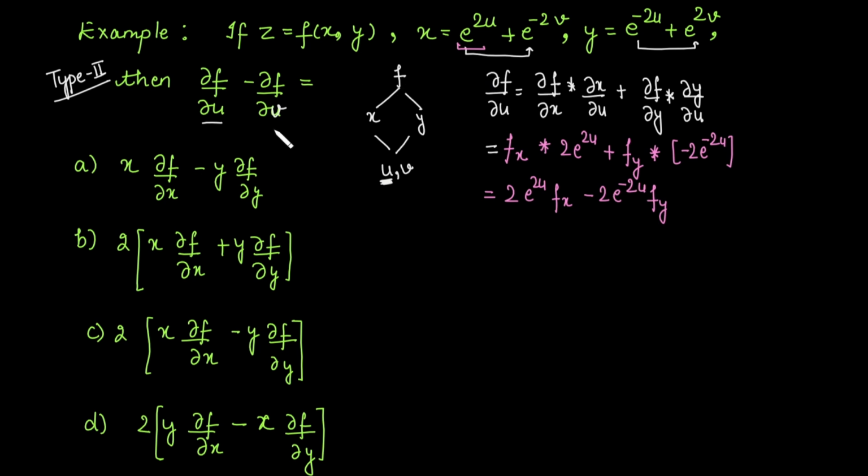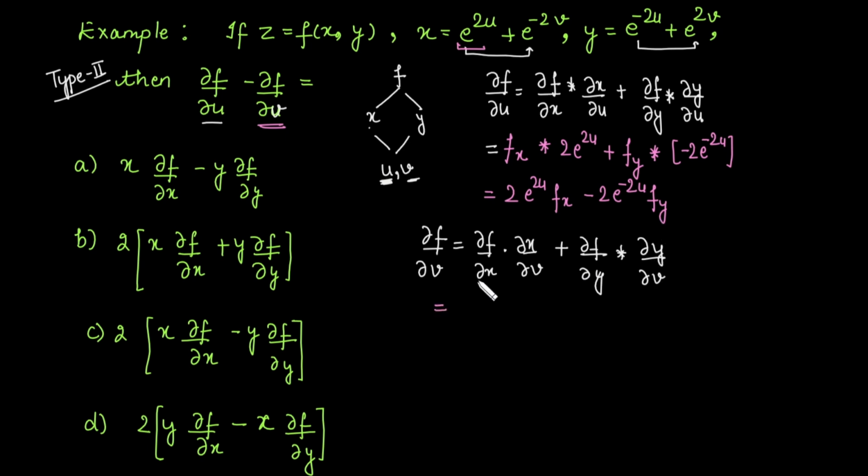Similarly, evaluate the partial derivative of the function with respect to v. This is calculated as the partial derivative of the function with respect to x into the partial derivative of x with respect to v, plus the partial derivative of the function with respect to y into y with respect to v.